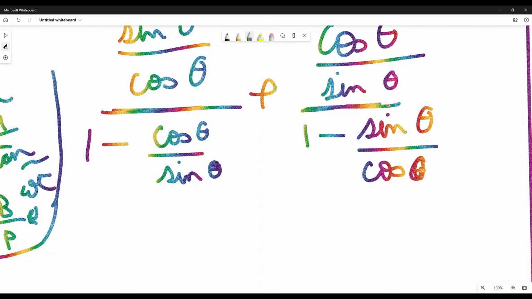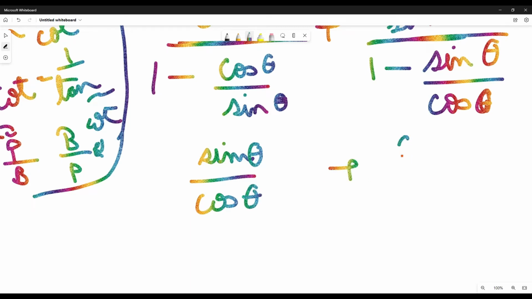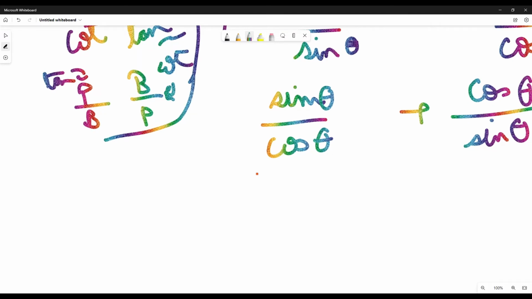Then first things first, we will see that we can multiply these both. We'll basically take the LCM. Firstly we will do that only. Sine theta by cos theta, cos theta by sine theta. I'm just writing the denominators.